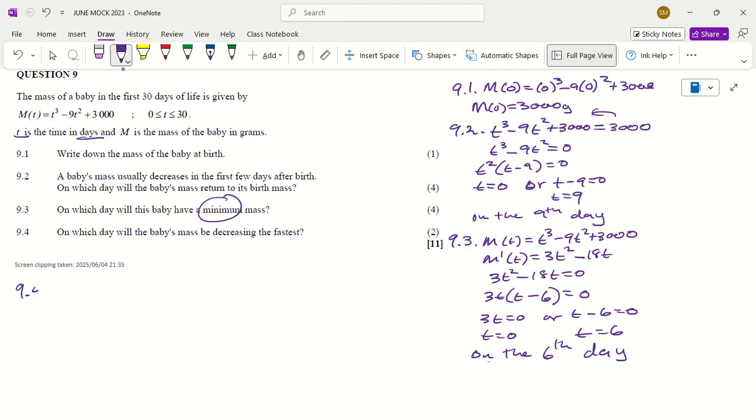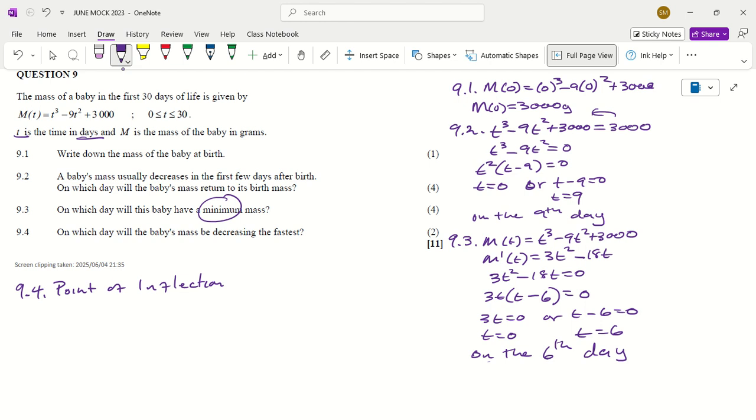9.4, the last question. On which day will the baby's mass decrease the fastest? Now you remember that we have the point of inflection. Depending on the function, this is where the gradient of the function will either be at the minimum or at the maximum.